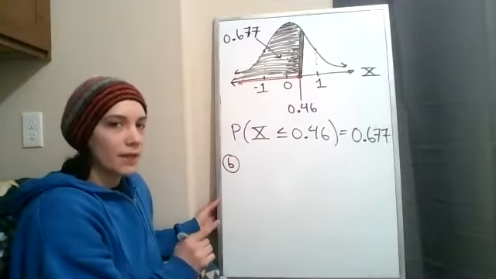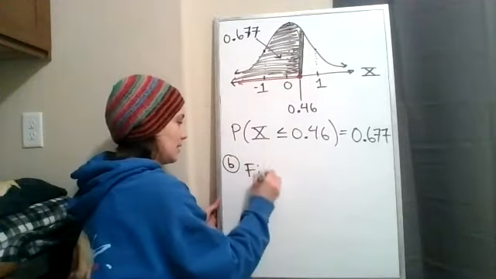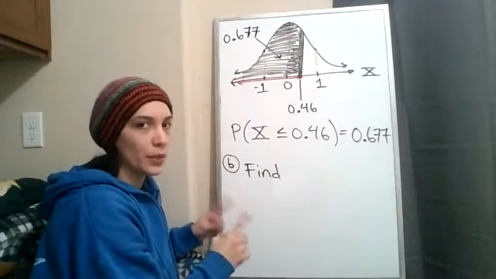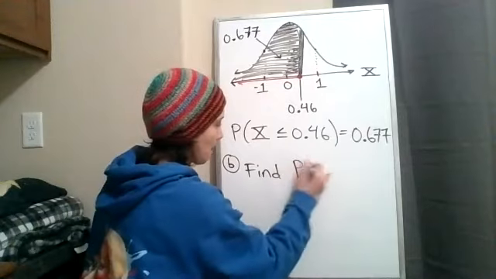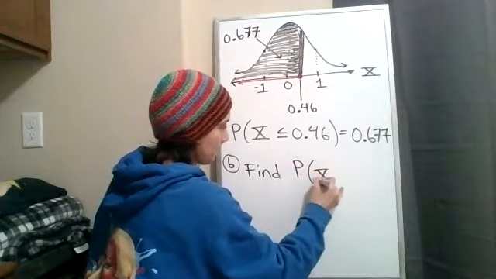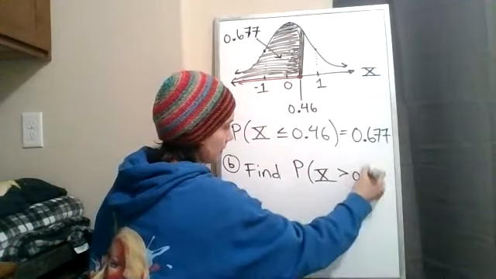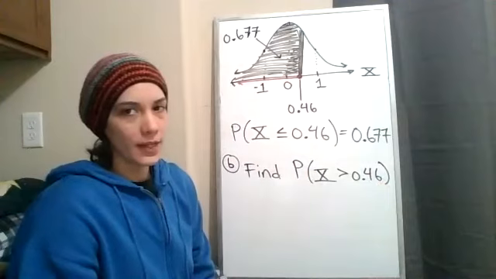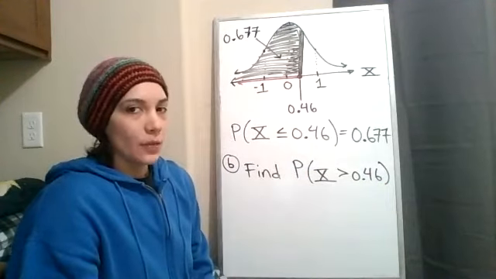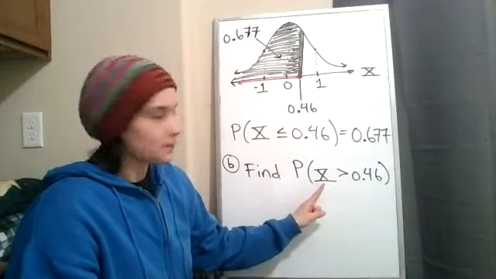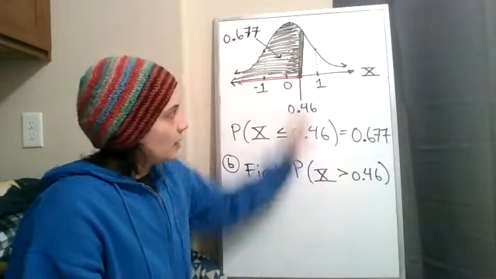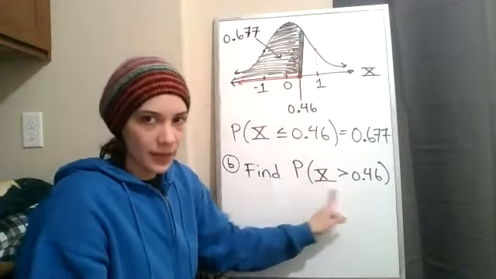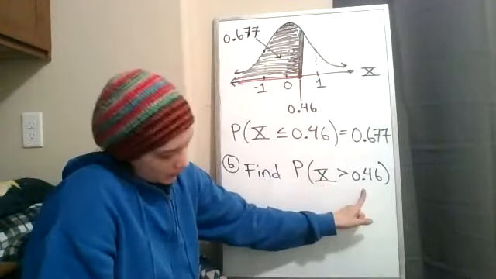Next part. Find the probability that x is greater than 0.46. What we need is the area under the normal curve above the interval that we're interested in, which is the x values greater than 0.46.